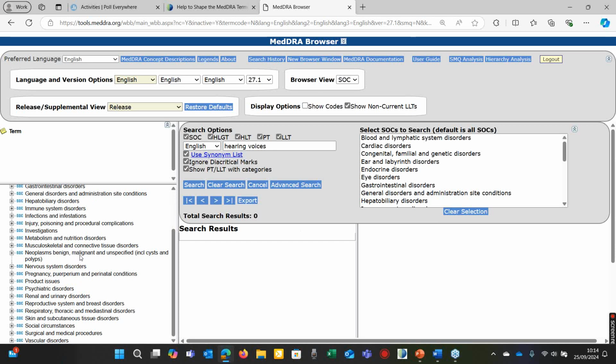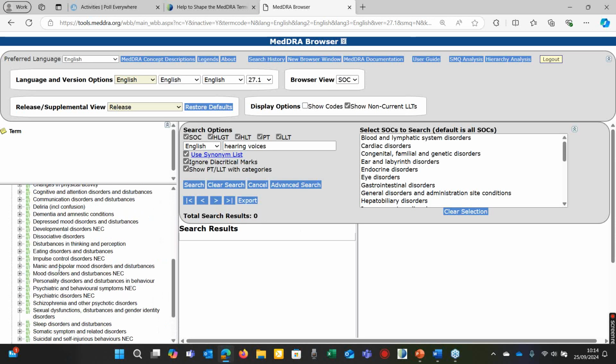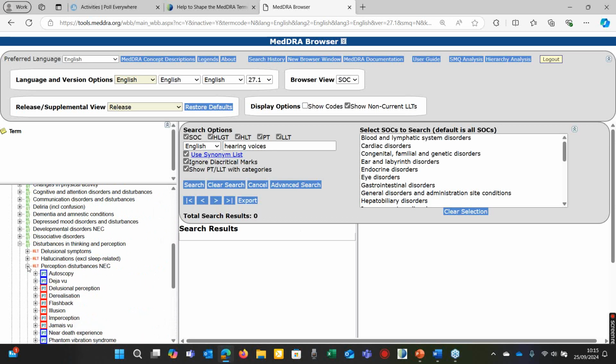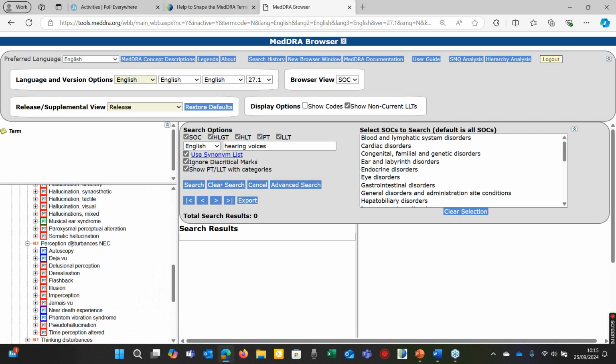So let's go back to where we were under the psychiatric disorders. And for me, based on what we've seen in our definitions, I would say that it's a distortion. So I would go for more of an illusion term rather than a hallucination. Here we saw our visual hallucinations. Now we've got perception disturbances, not elsewhere classified, under this HLT. And here is where we have the PT illusion.